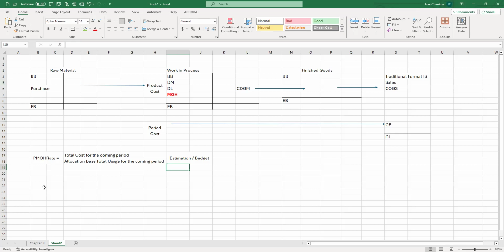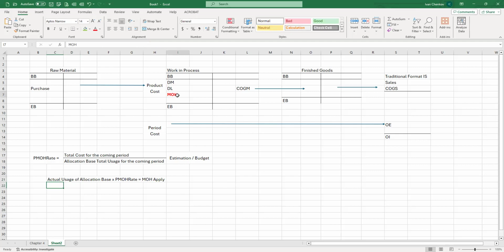Now, when we take the actual usage of that allocation base times the predetermined manufacturing overhead rate, it's going to give us the manufacturing overhead that we're going to apply every time we produce one product.